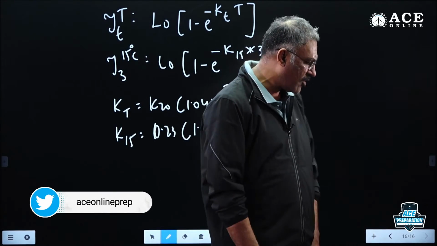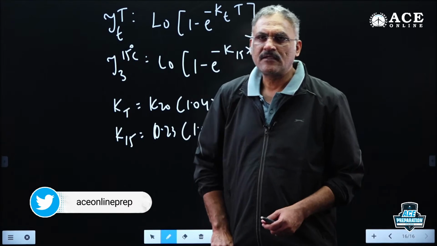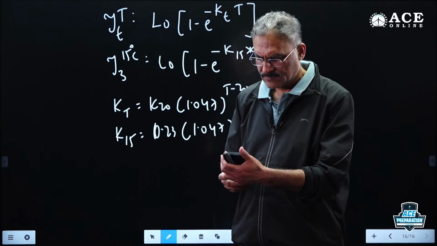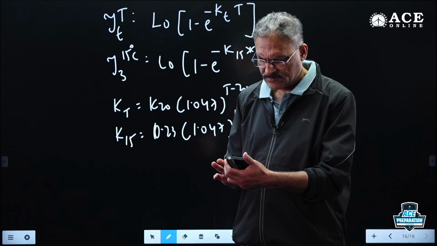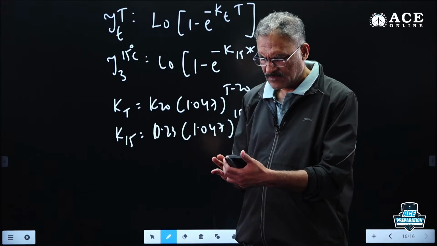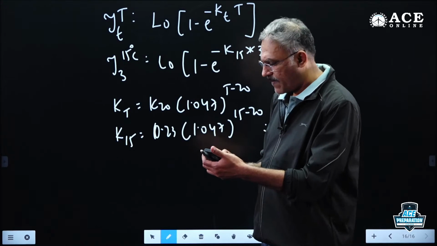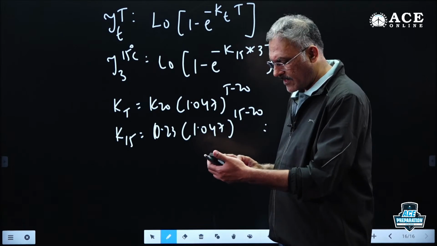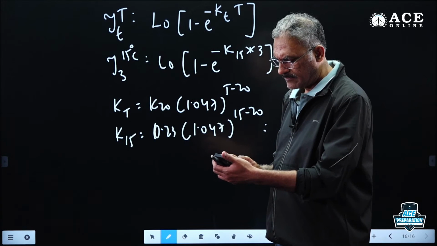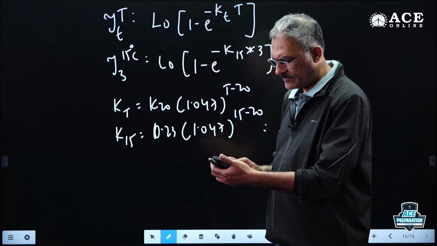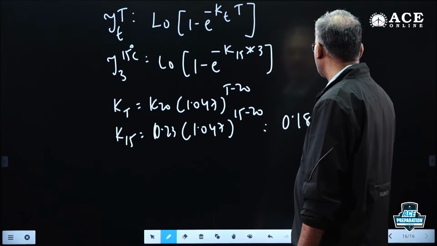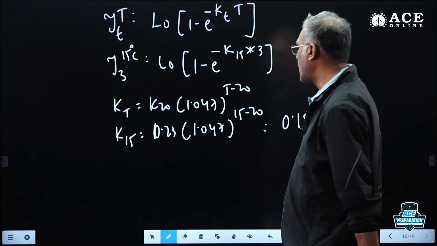It is 1.047 to the power minus 5 into 0.23, so it is 0.182. Once you get this, you can link them.